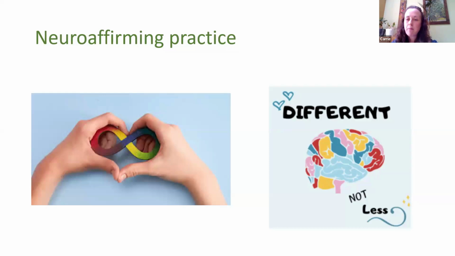So a lot of the ABA practice that we may have been using in our settings over here, we're now starting to find other ways to work and not do those things, so that our autistic community can understand that the way they are is absolutely fine, and that we're there to help and support them.